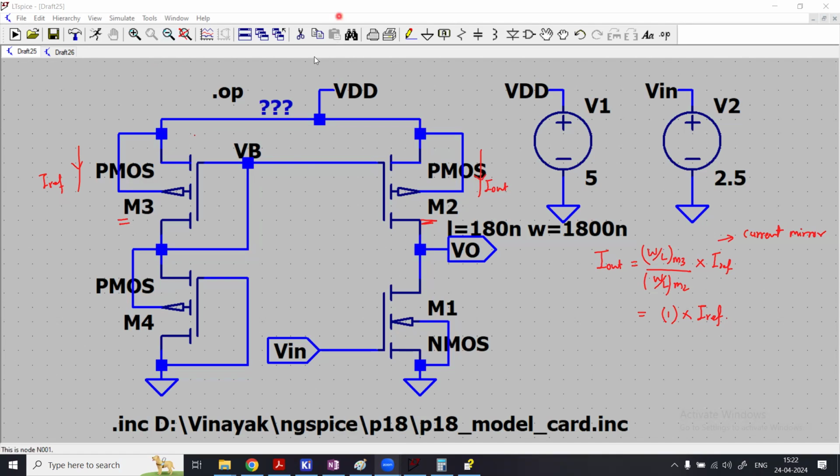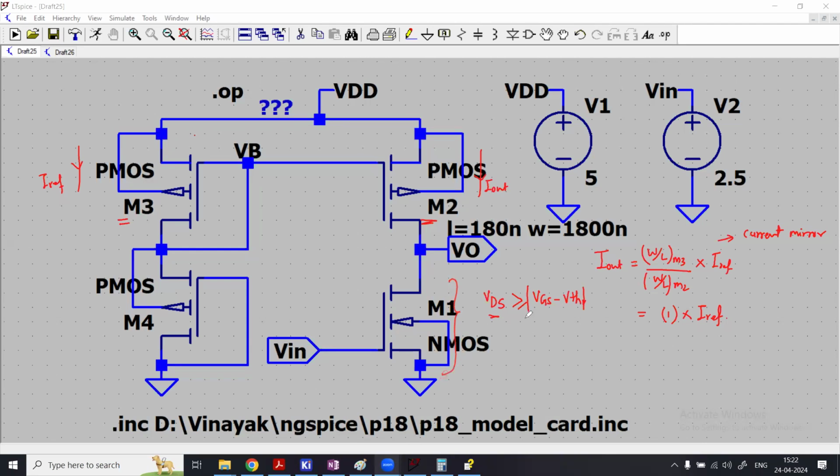Okay, so as I said, the gate potential on M2 should be such that you want M2 to also operate in the saturation mode. In order for M2 and M1 to operate in saturation, their VDS has to be greater than or equal to VGS minus VTH. What it means is the voltage across drain and source, right here is your drain pin, here is your source pin.